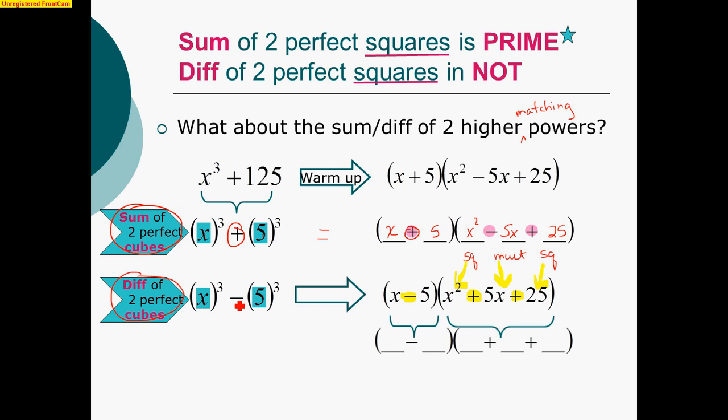So I recognize the difference of two odd like powers. Since it's a cube, the second factor will always have 3 terms. The first factor is the cube root of x cubed and the cube root of 125. Square the x, multiply the 5 and the x, square the 5.